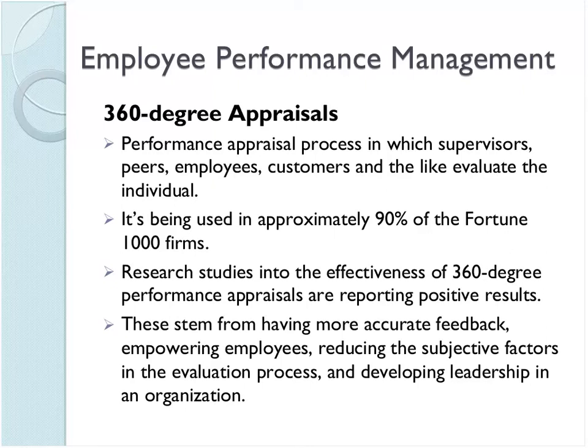And this kind of appraisal system is used in most organizations. You can see that 90% of the Fortune 1000 firms use such a system, and it gives very good, positive results to the organizations.